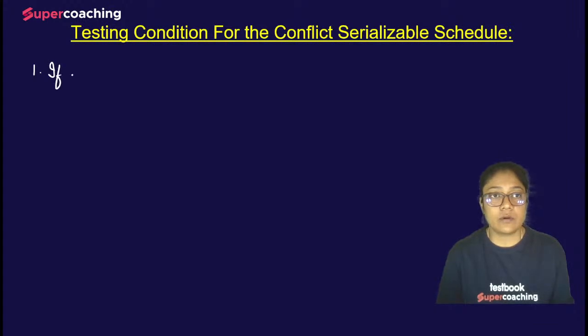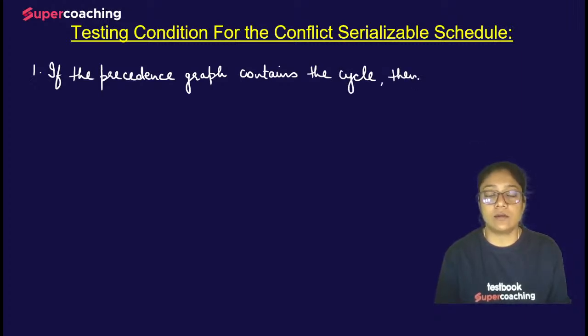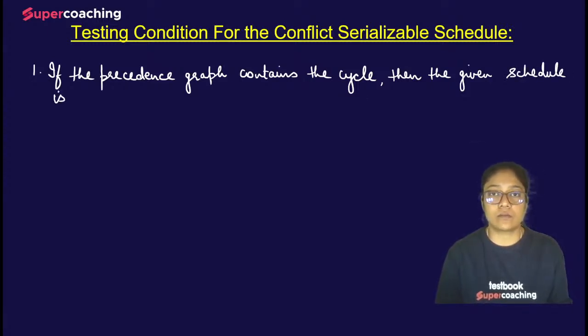If the precedence graph contains a cycle, then the given schedule is, if a cycle has come, then it is not conflict serializable.